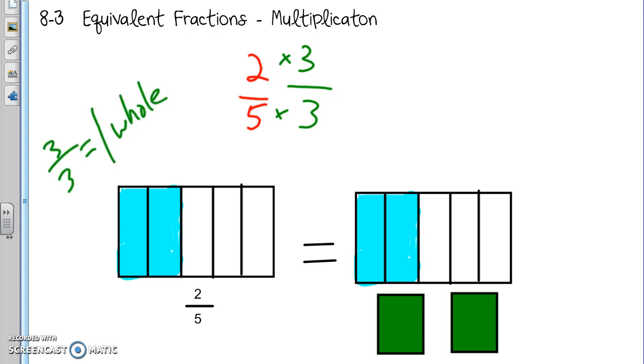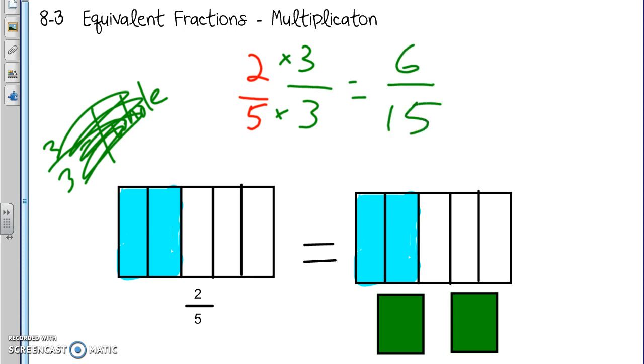Whenever you multiply by 1, you get an equivalent answer. All right? You don't need to know that right now. It's just extra knowledge for you. So, numerator by 3, 2 times 3 is 6. Denominator by 3, 5 times 3, 15. So we should have 6/15.